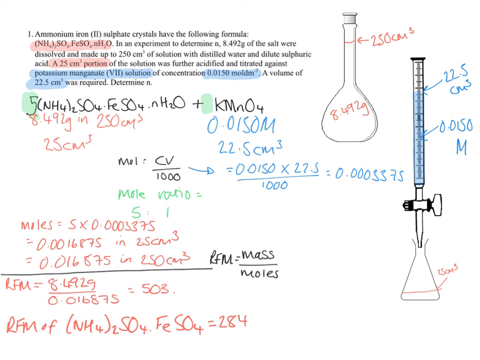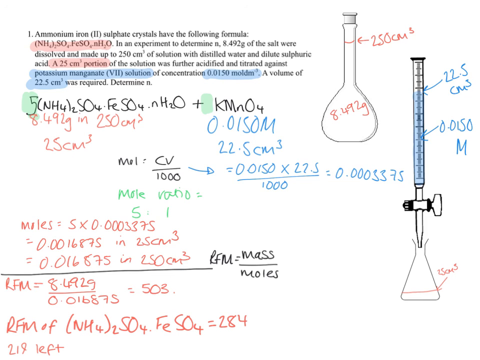So the relative formula mass of just that part that we know about, everything apart from the water, comes to 284. We know that the whole relative formula mass is 503, so the remainder, if you subtract the 284, we have got 219 left. And that 219 is the mass of all of the water molecules.